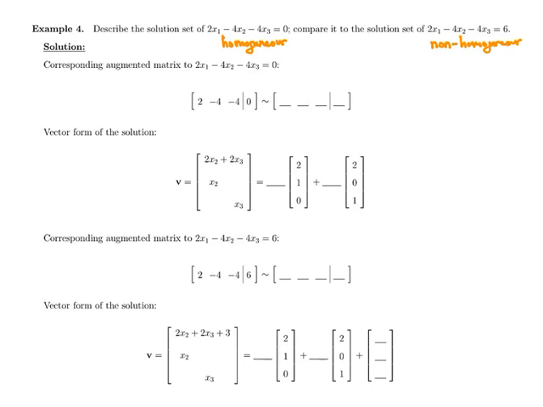So first, let's look at the augmented matrix. We're going to determine if there is a solution to the homogeneous equation and then what it looks like. So the augmented matrix is 2, -4, -4, bar, 0. And we can see right away that there is going to be a solution because there's going to be a free variable.